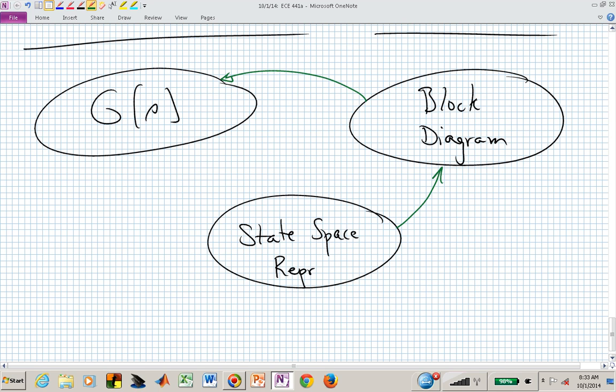However many states you have, you now populate a page full of integrators. Let's say your system is fourth order, you now need 4 integrators. Now, what do you know about those integrators? If you have a state space representation and you want to go to a block diagram, what's special about the outputs of those integrators? Those are the states.